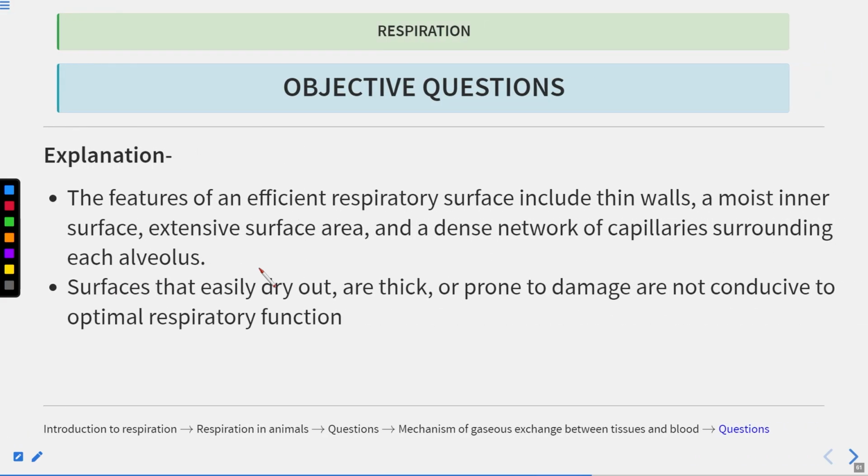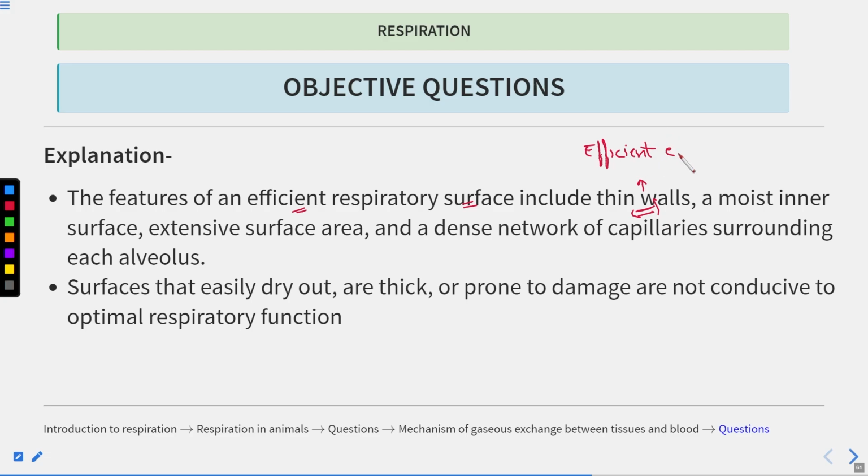Now, what is the explanation? The features of an efficient respiratory surface include thin walls. So walls should be thin, not thick. Okay. If the walls are thin, then only efficient exchange of gases can take place.